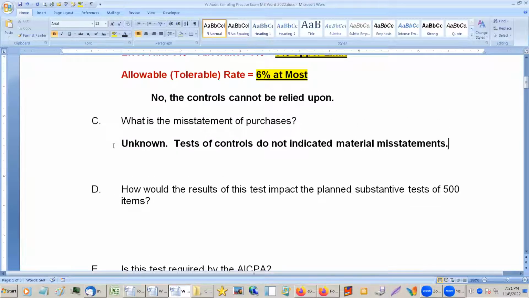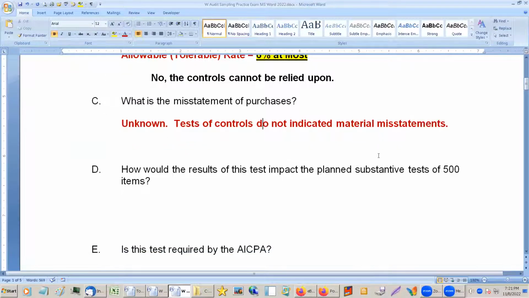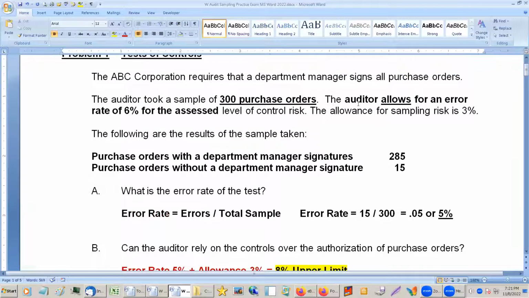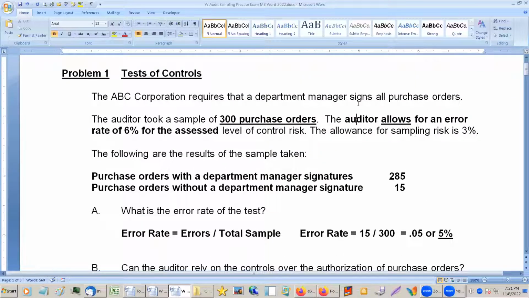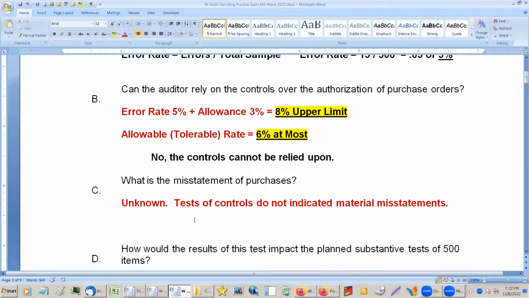If you look at this, what are these? Purchase orders that weren't signed or something. Yeah, department manager signs all purchase orders. So the actual misstatement of those is unknown. The purchase orders might be fine.